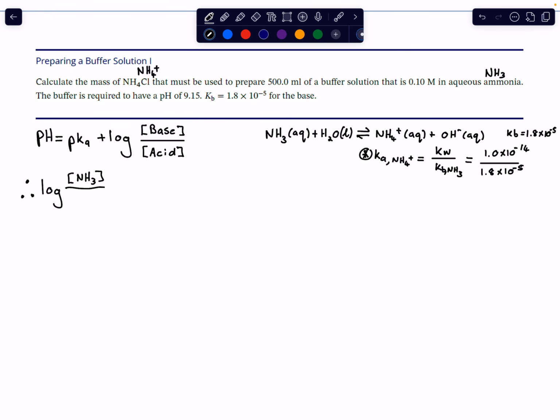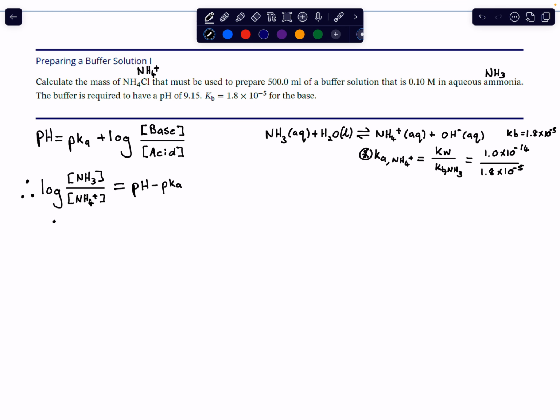Our acid is NH4+. You can also write NH4Cl if you want, it doesn't really matter, whatever you want to write, as long as it's the acidic form. And that should be equal to the pH minus the pKa.